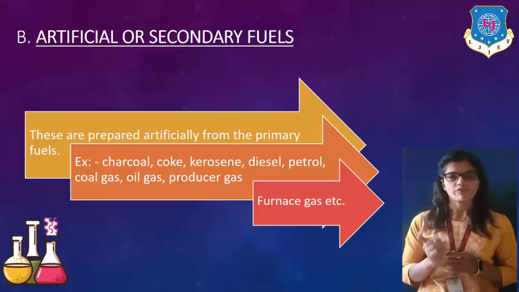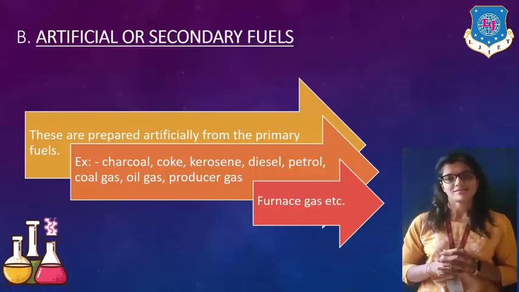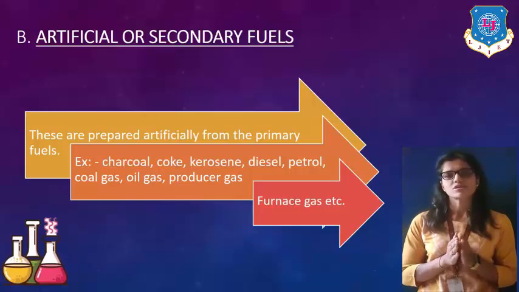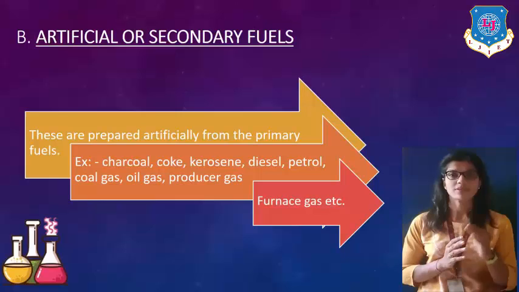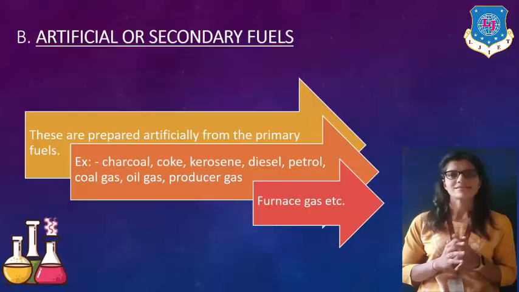Examples are charcoal, coke, kerosene, diesel, petrol, coal gas, oil gas and producer gases. We can look at furnace gases also. They are produced artificially from the primary fuel or from some process. That is known as artificial or secondary fuel.